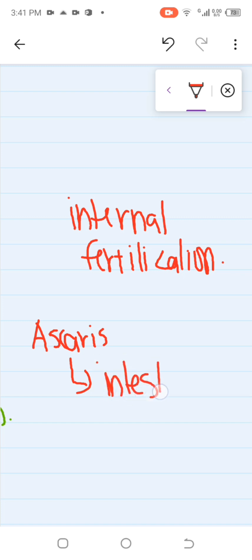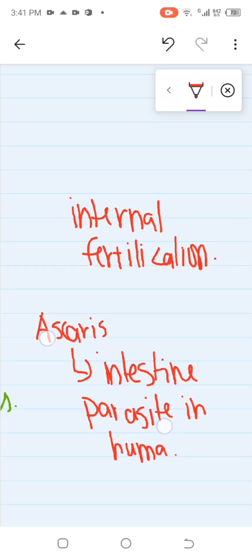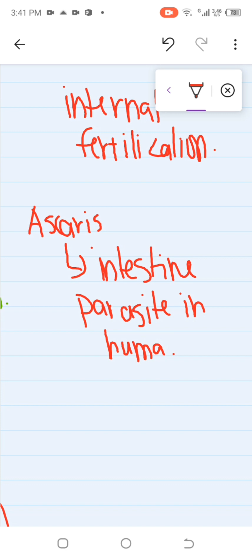Their main disease is ascariasis, which is an intestinal parasite disease in humans. Remember, this question is mostly asked: the male size is smaller than the female size.